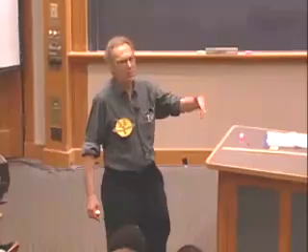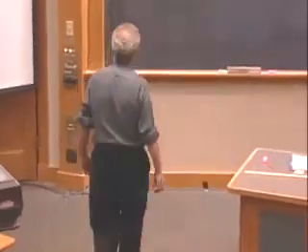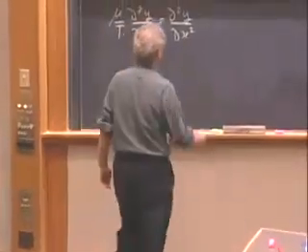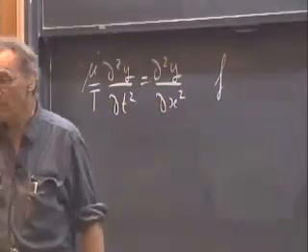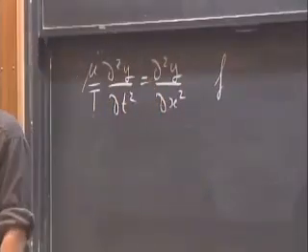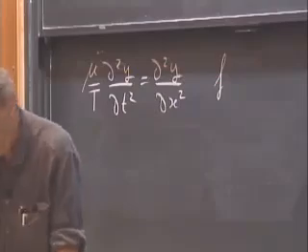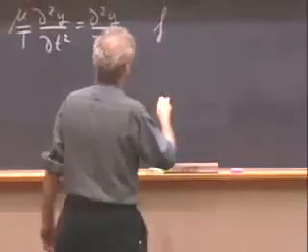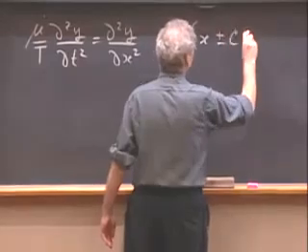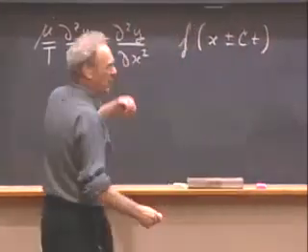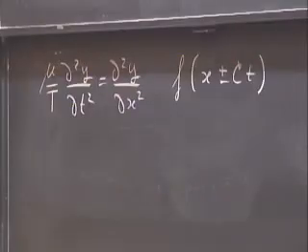By looking at it, you immediately see what the solution must be. Any function, any single valued function, you can come up with any one, I don't care which one, any single valued function of x plus or minus a constant times t will satisfy this differential equation. Just look at it. You can see immediately that it works.